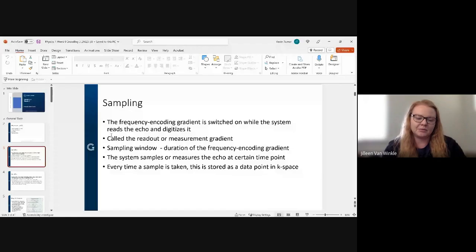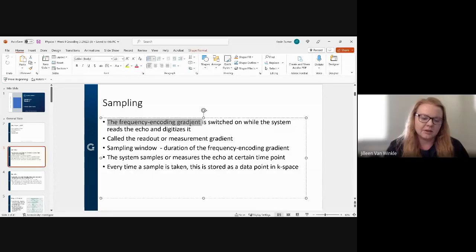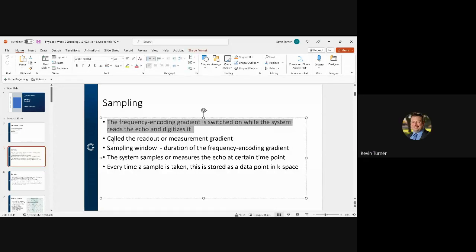I don't remember what the questions were, because when I was reading them I was just confused, so I wanted to remind myself to look it up afterwards. The frequency encoding gradient is called the readout gradient or measurement gradient. Those are all the same name for the same thing.